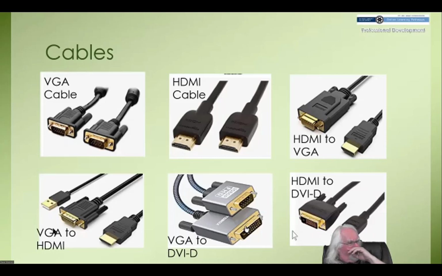If it's the other way around, if your computer has a VGA out on it and your monitor does not have a VGA but does have an HDMI port on it, then you want this one. And this connector would connect to the computer and this one to the monitor. In most of these cases, the cables are bidirectional. That is, either connector can go on the computer or the monitor.